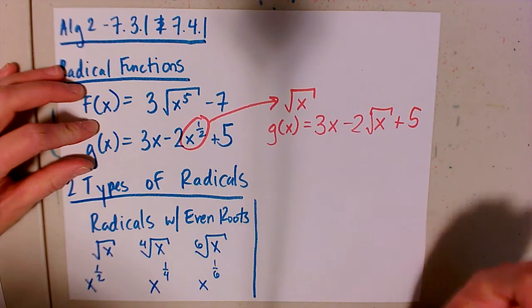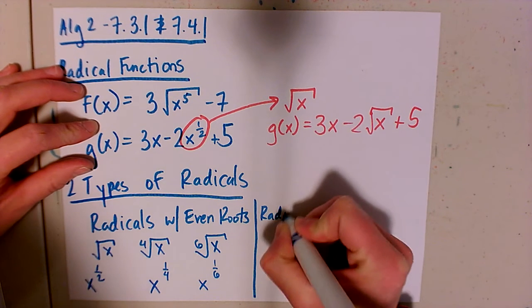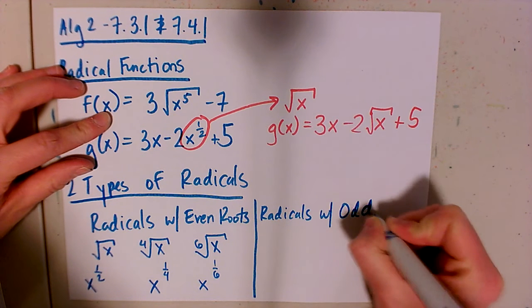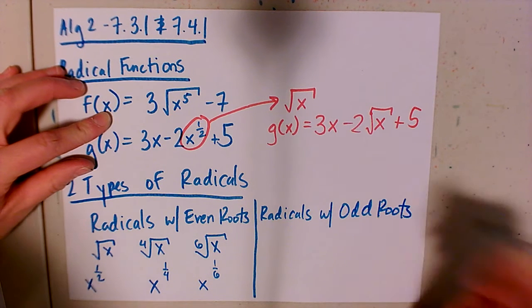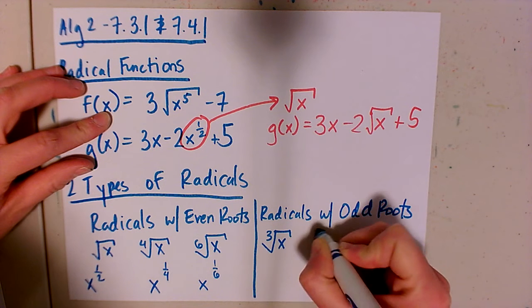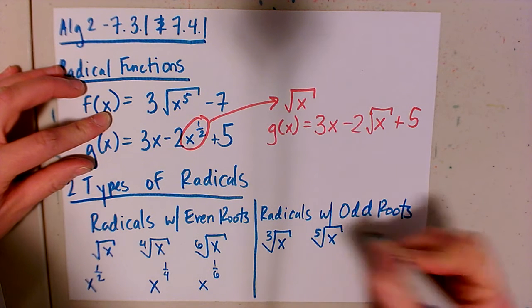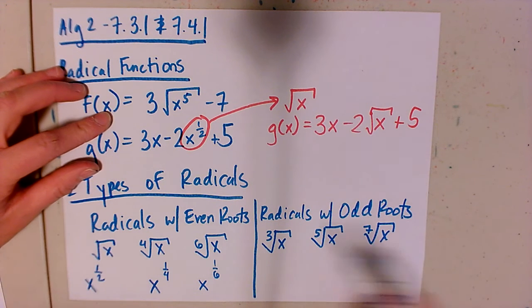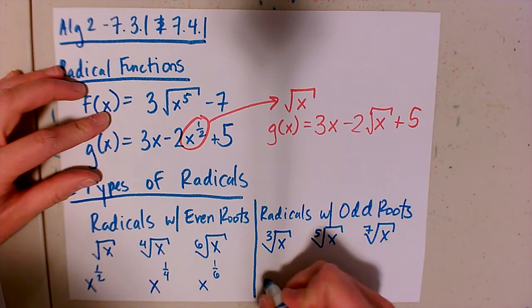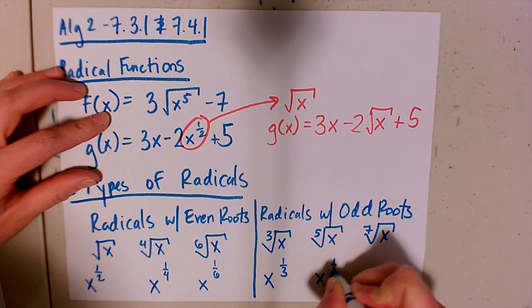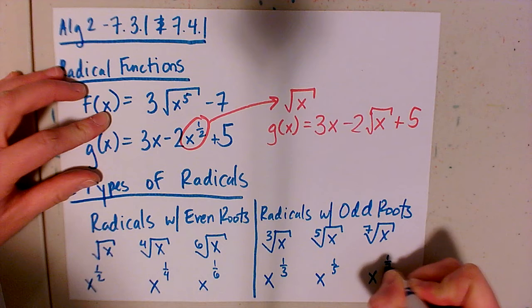And then the other type of radical are radicals with odd roots. Okay, so these are the cube root of x, the 5th root of x, the 7th root of x, and so on and so forth. So their roots are odd numbers, and we could rewrite these as x to the 1/3, x to the 1/5, and x to the 1/7.